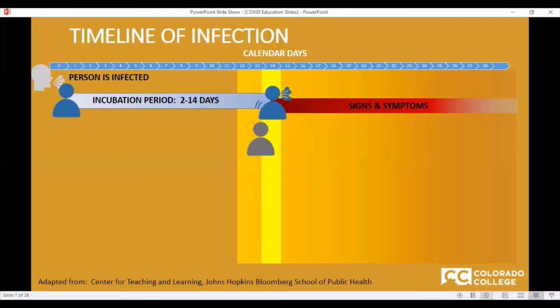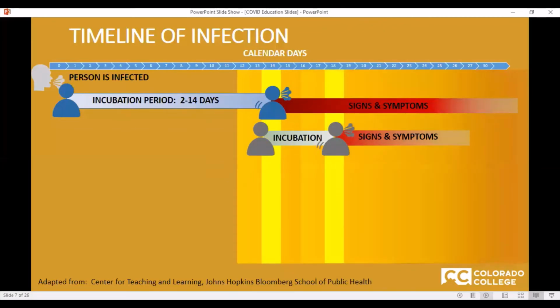Purple begins their incubation period on day 13 and begins to show symptoms on day 18, 5 days after exposure. Our purple person becomes infectious 2 days prior to the onset of their symptoms, on day 16. This means that after our blue person becomes symptomatic, there is a window of opportunity to try to keep purple from spreading the virus, the time it takes between exposure and infectiousness.